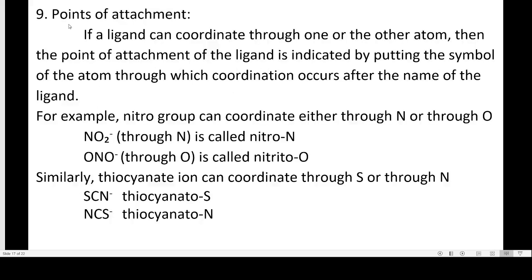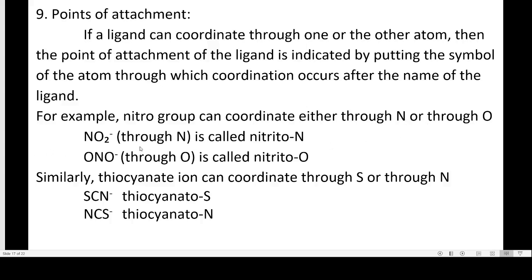And the next rule, points of attachment. If a ligand has more than one donor atom, then the point of attachment of the ligand is indicated by putting the symbol of the atom through which coordination occurs after the name of the ligand. For example, nitrite group can coordinate either through nitrogen or through oxygen.